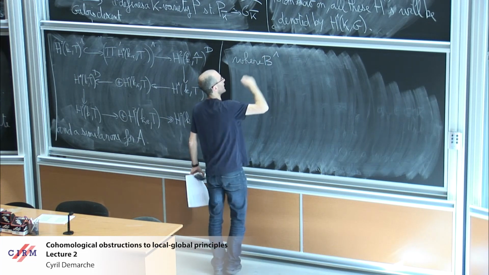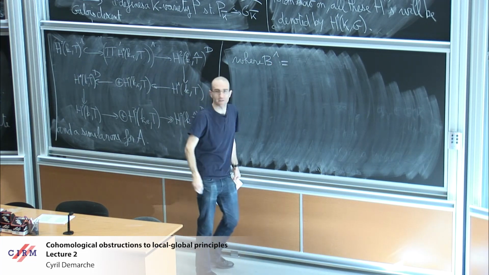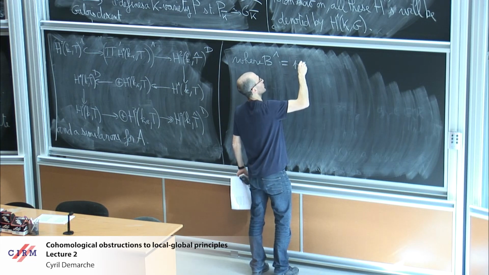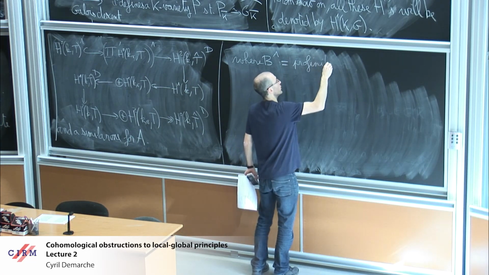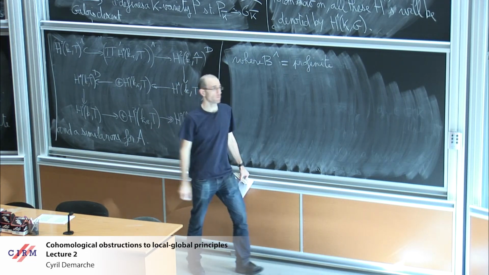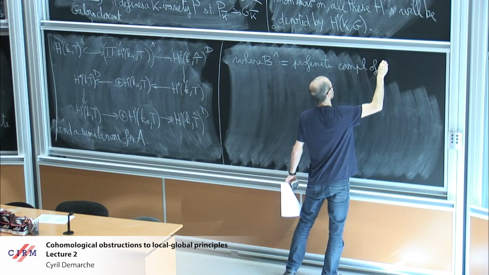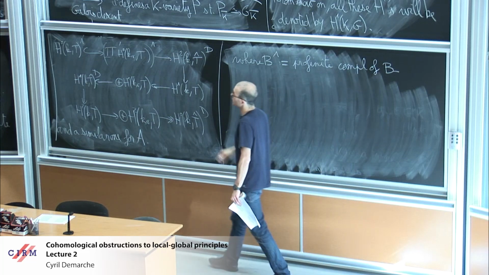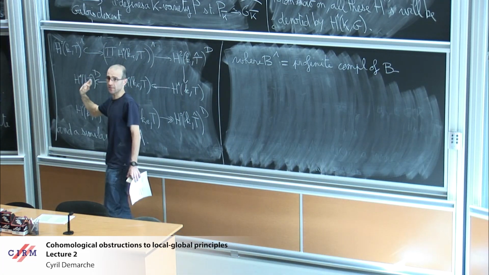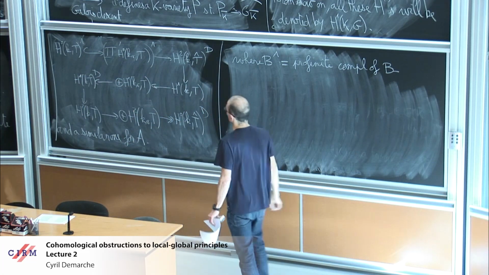So B hat like this for an abelian group is just the profinite completion, so the inverse limit of all the finite quotients of B. If you do not put the profinite completion, this is not exact. So you really need this one.